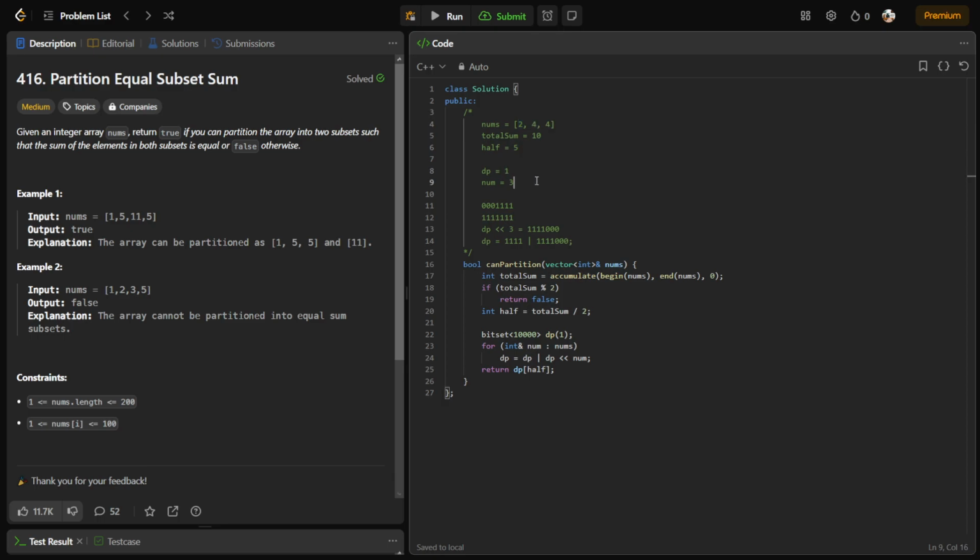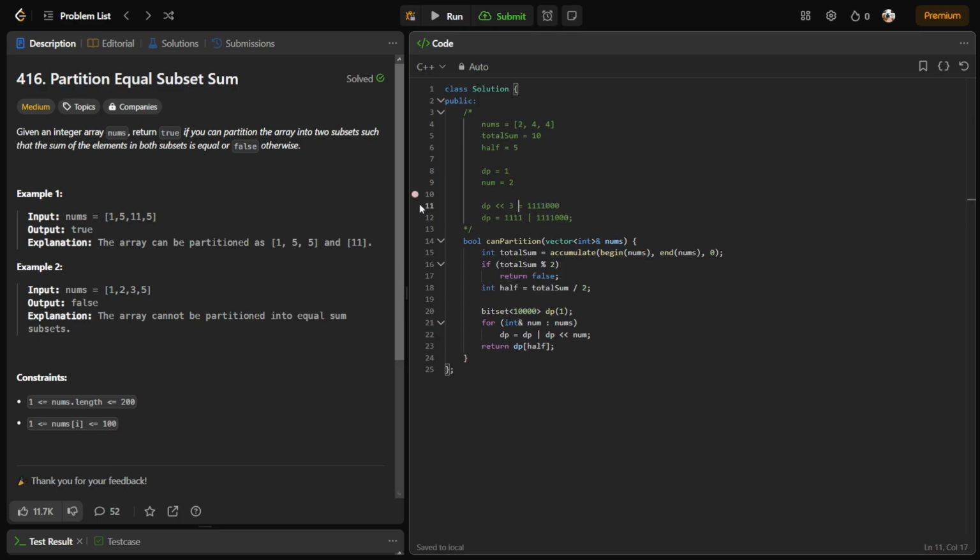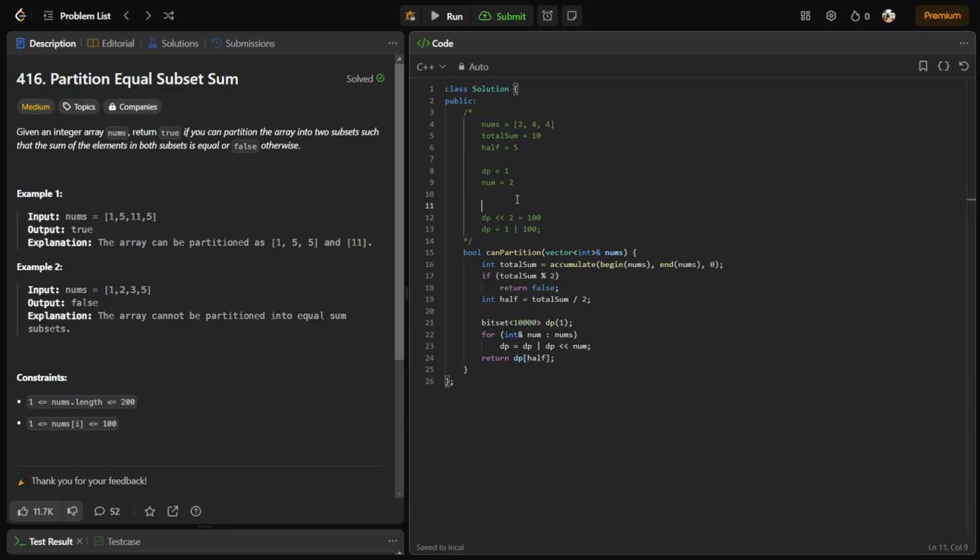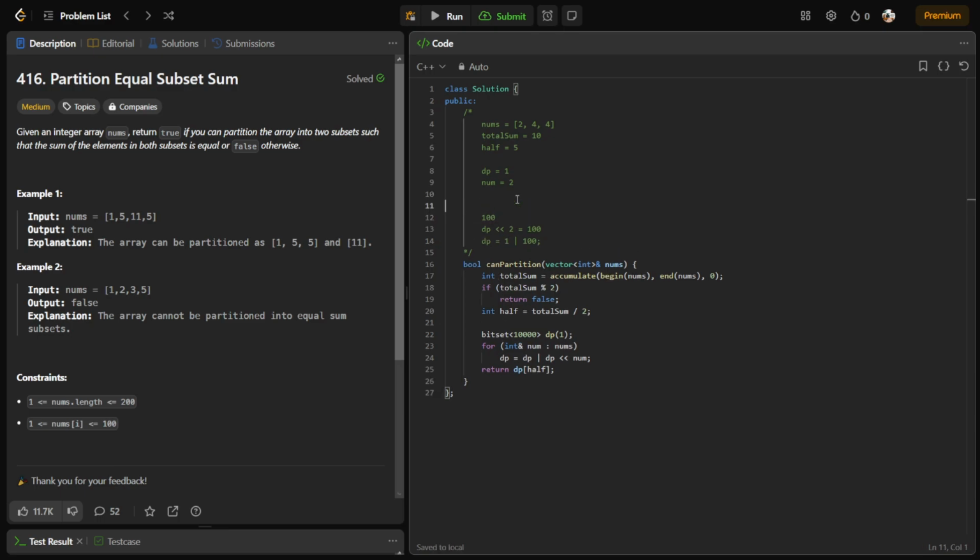And dp starting from 1, our num currently is at 2. So let's start fresh. So we are pushing it 2 bits. So 1, adding 2 zeros here. So now we have the OR operation against 1 itself. Right. So right now, with 0, 0, 1, the 1 was from the original dp itself, and the 100 is from this.